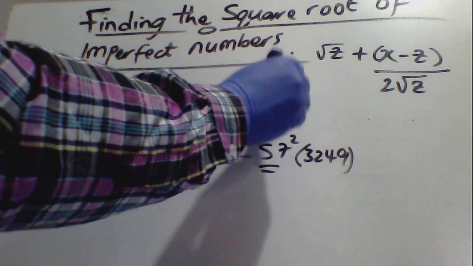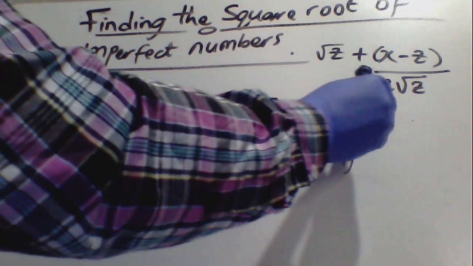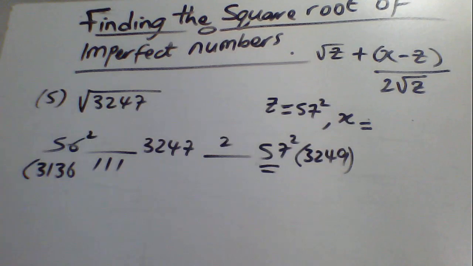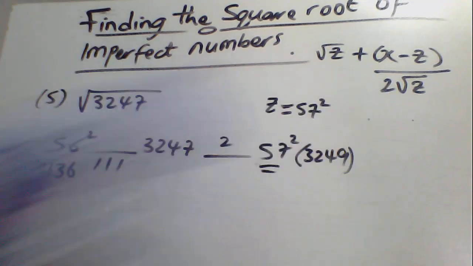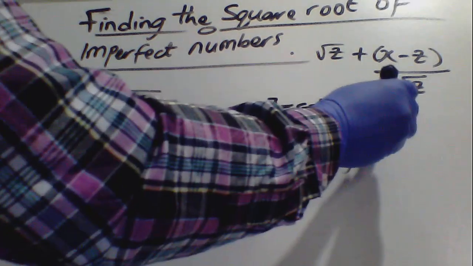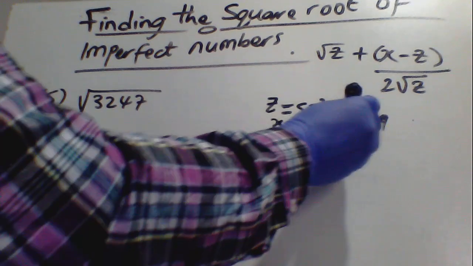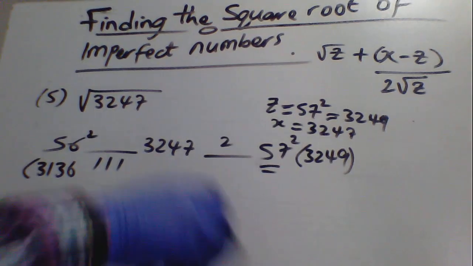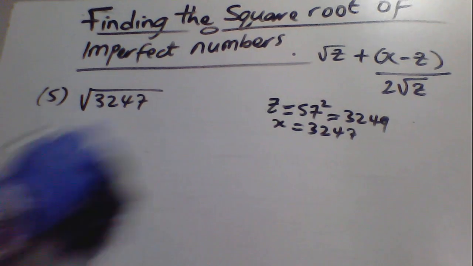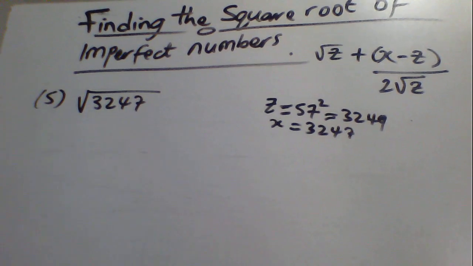In that case, our z is equal to 57, and our x is equal to 57 squared, which is 3249, and our s is equal to 3247. So once we arrive at this, the next thing is to use the formula to find the close square root of 3247.